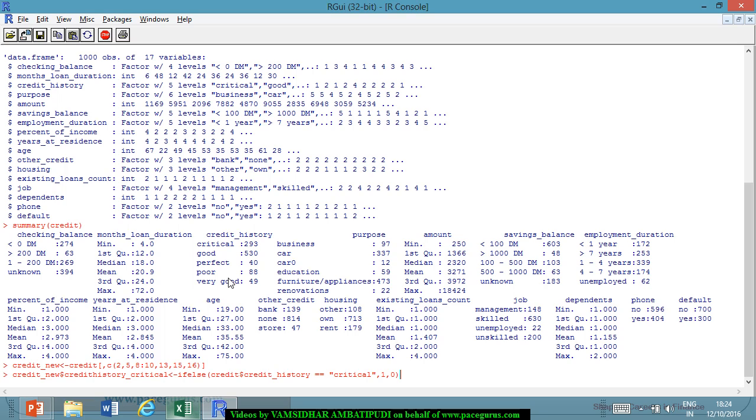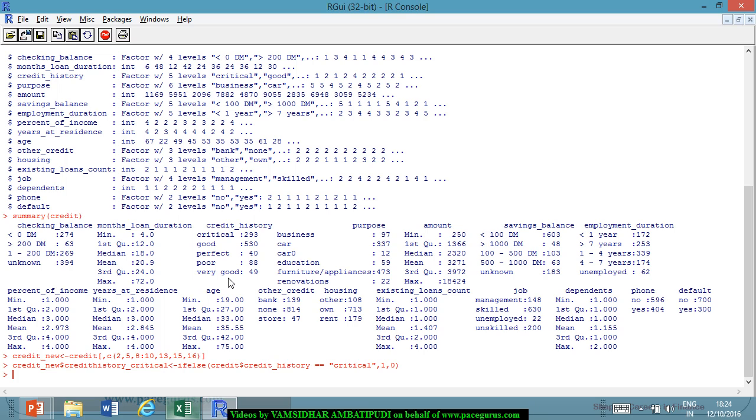I'm comparing this with critical, and if it is critical I'll set it as 1, otherwise 0. Just to check this, let's do a quick summary of credit_new. Once we get this story correct, we can do this for all of the variables.